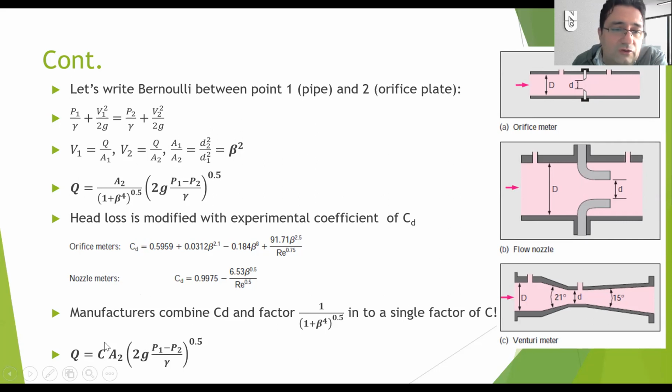You just take the C factor from the factory or the catalog for that orifice, calculate the area of the orifice, and put everything in the equation, then you can easily calculate the flow rate. That's why such systems are quite useful to calculate the flow rate of any pipe.